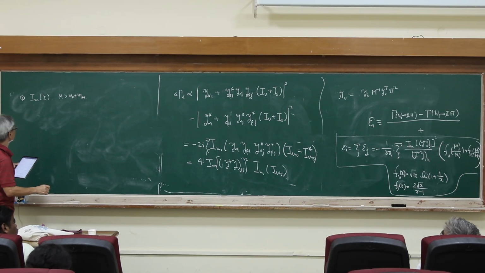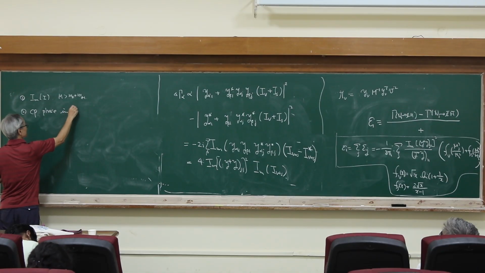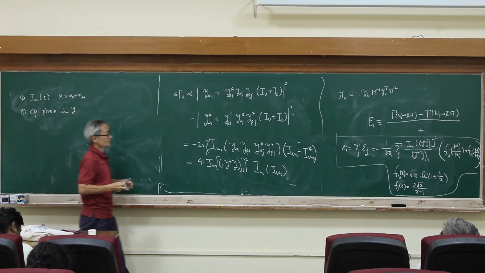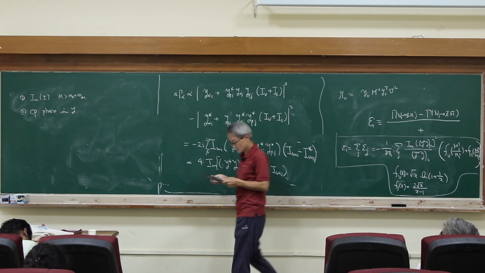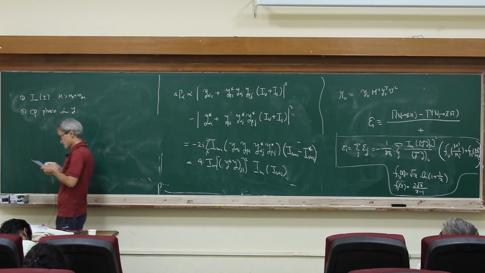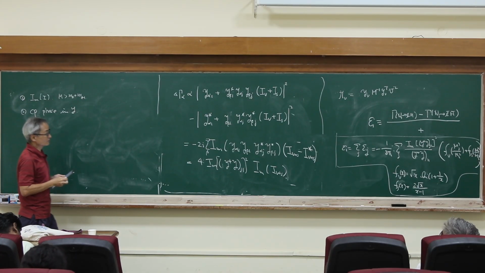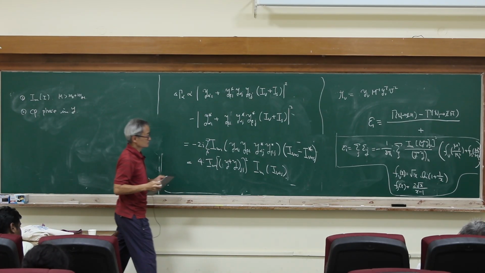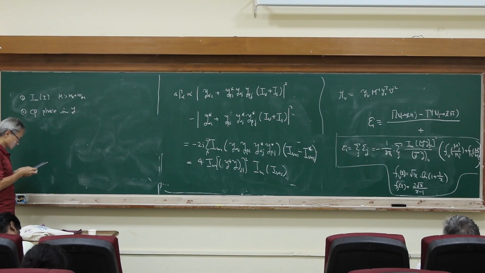So there must be a CP phase, so a non-vanishing imaginary part in this combination. If I have only one generation again, then there is no CP asymmetry generated. So you need at least two right-hand neutrinos.